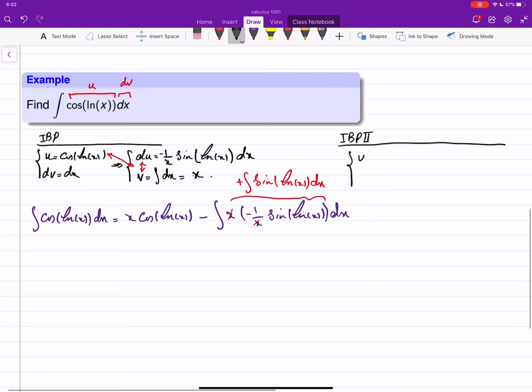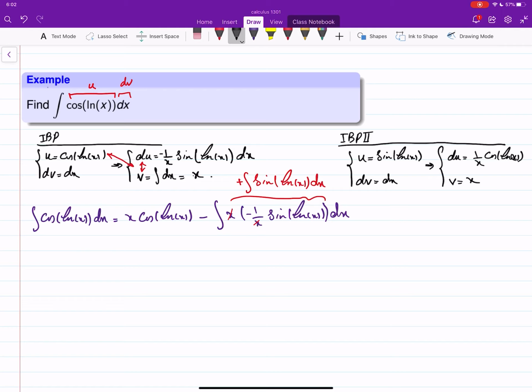So again, I'll take u to be sine of ln x, dv to be dx, du is going to be 1 over x cosine of ln x, and v is going to be just x itself.